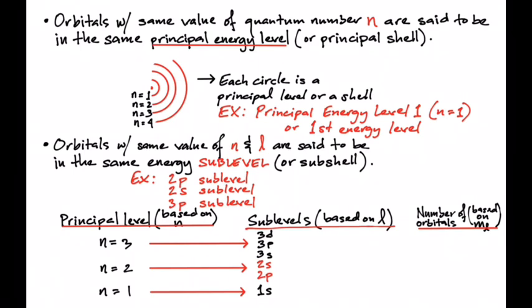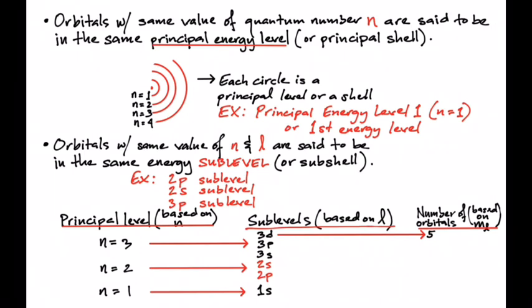And if L equals 2, then the possible values of m sub L are -2 all the way to +2, including 0. So that would be -2, -1, 0, 1, and 2. So that means that you have a total of 5 orbitals. Each m sub L value basically represents an orbital. So you have a total of 5 different orbitals.